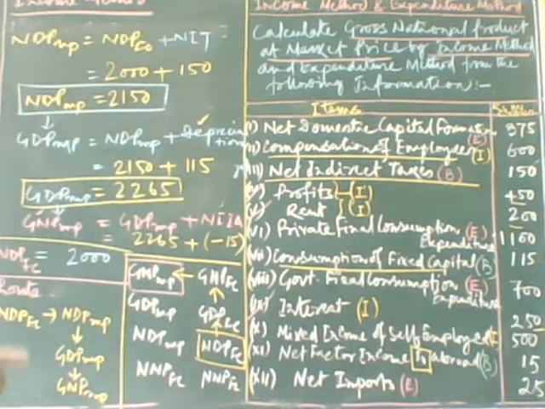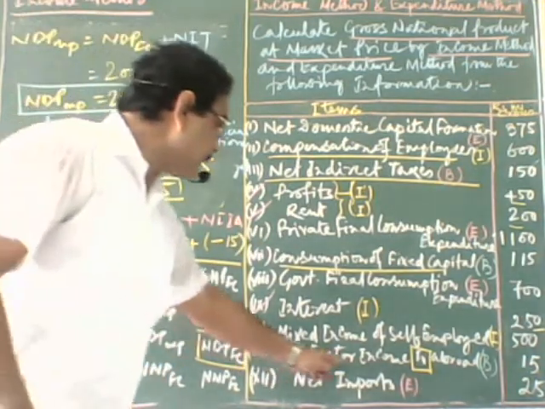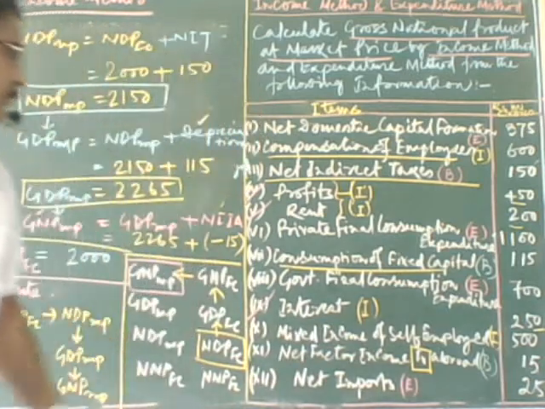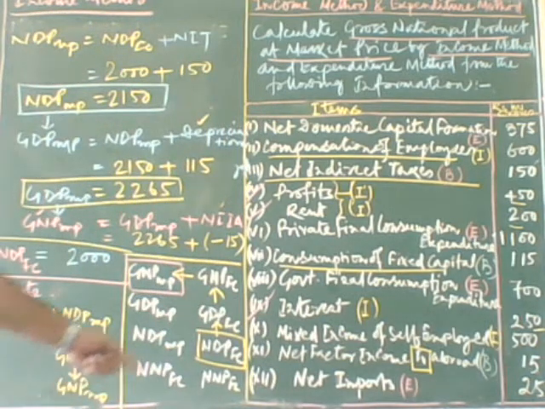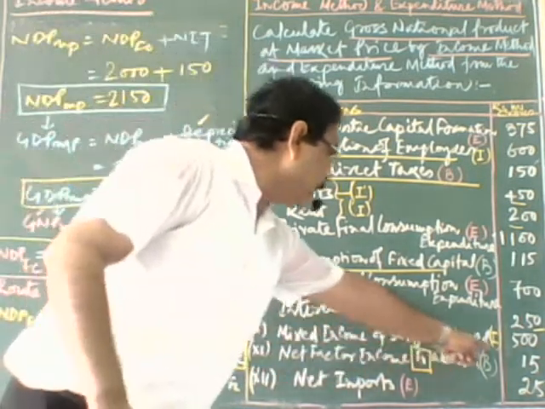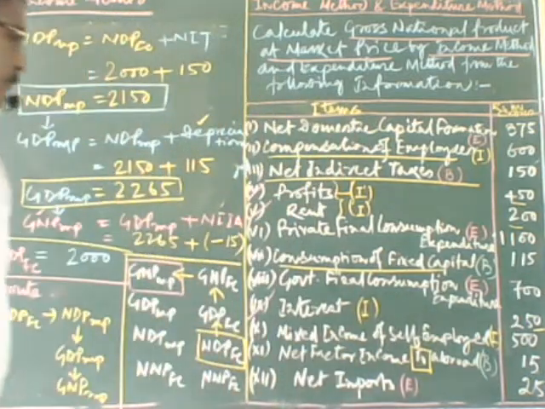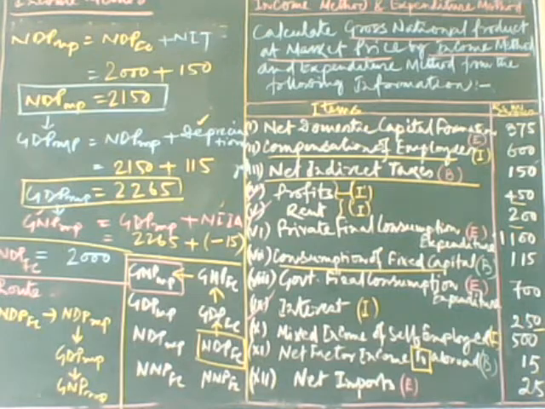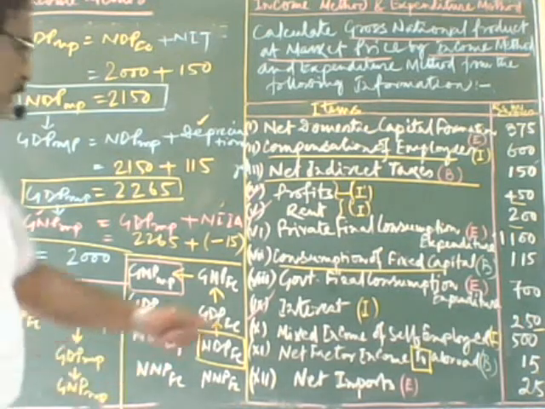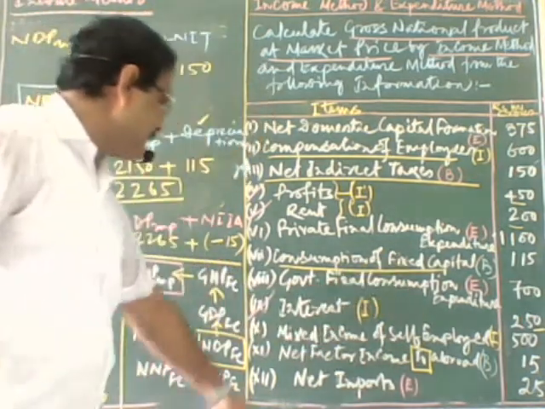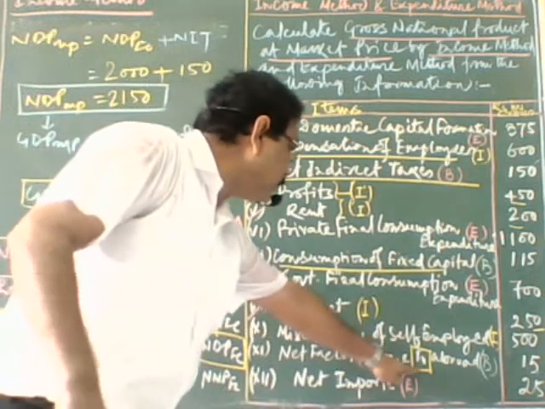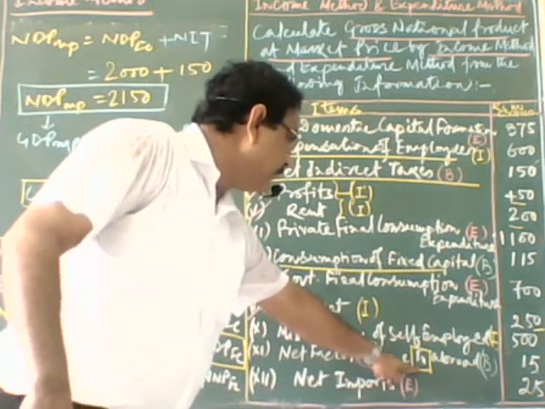Whenever the net factor income to abroad is given, here net factor income to abroad, 15, is already given. First of all, you have to change into net factor income from abroad. Whenever you change from to abroad to from abroad, the value will be negative.